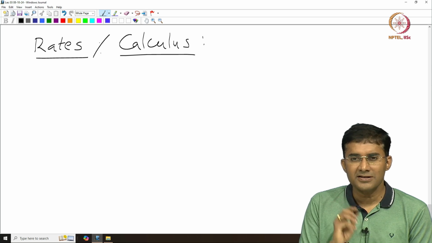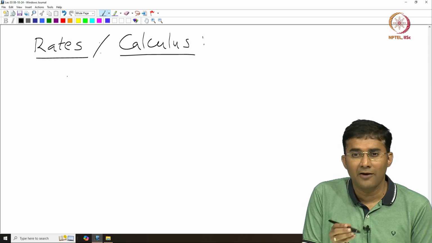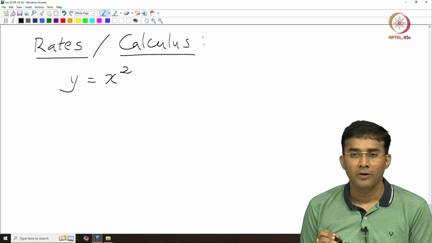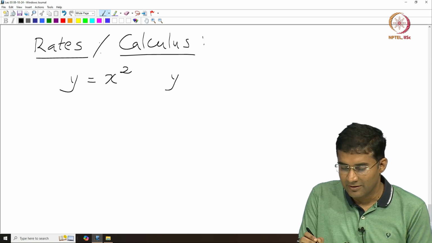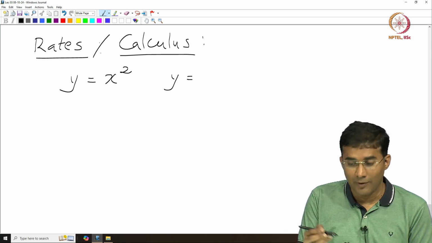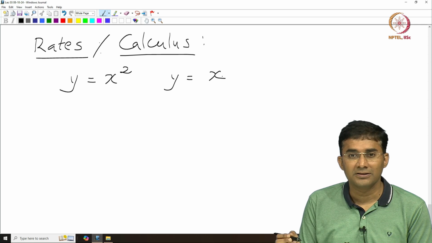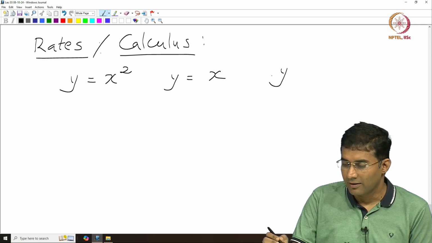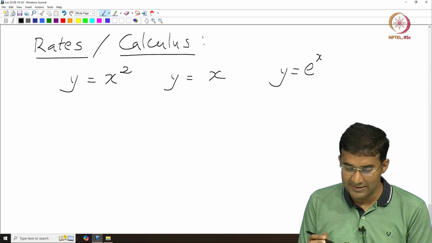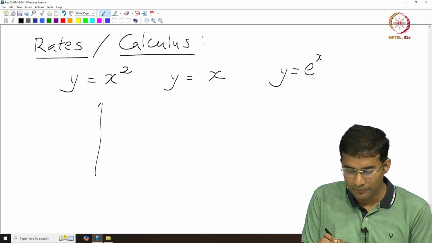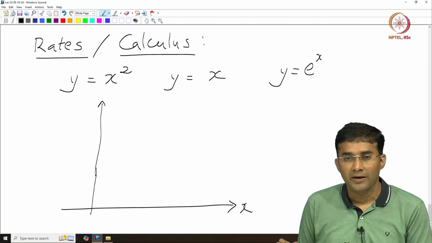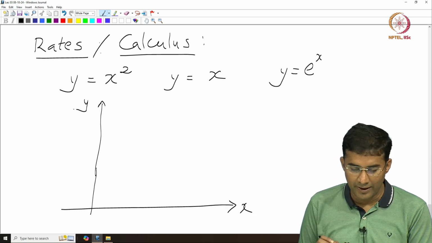Now, to illustrate that, let us consider the functions which we have learnt. One is y is equal to x square. We could consider a quadratic function, a linear function, and also y is equal to e power x. We know that all of them are increasing functions. Let us draw each of these functions, x here, y there.